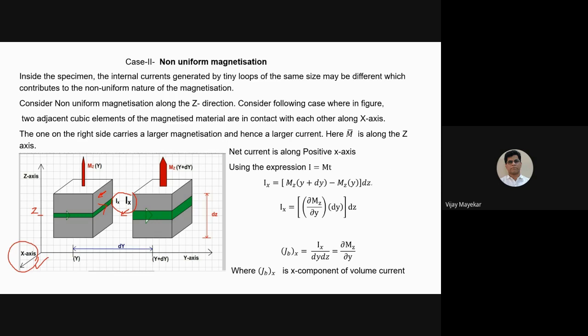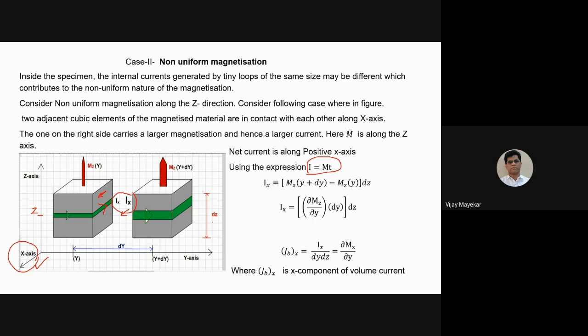This is from the expression I equals M t. You can see that I can be written in terms of magnetization and the width. Which width are we considering? We are considering dz, corresponding to t. Looking at the earlier diagram, this t corresponds to dz, the dimension of the chunk along the z-axis direction.